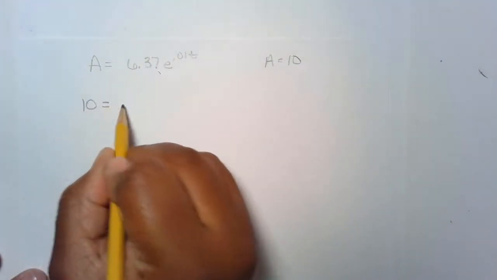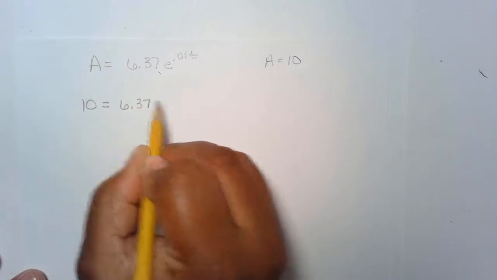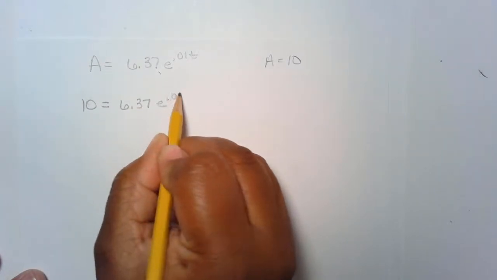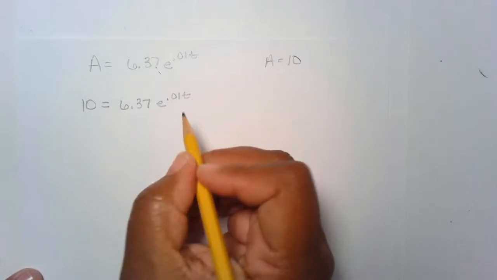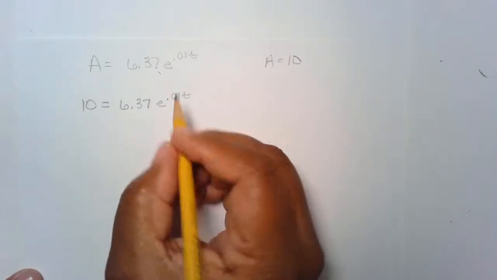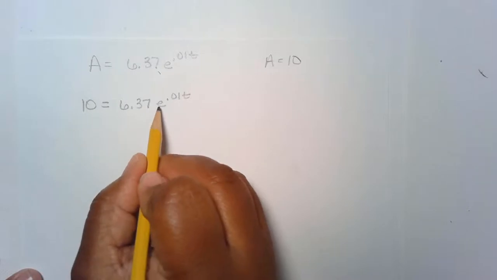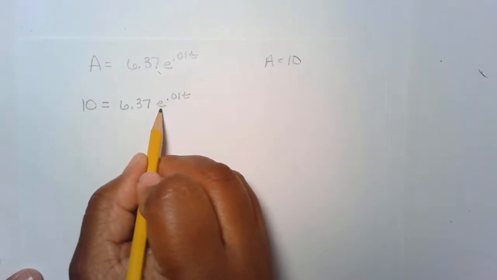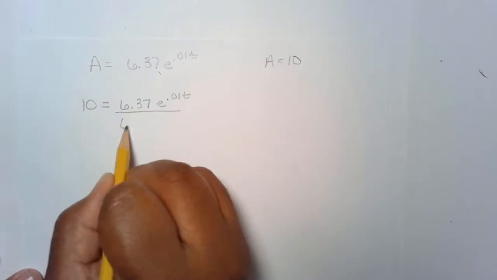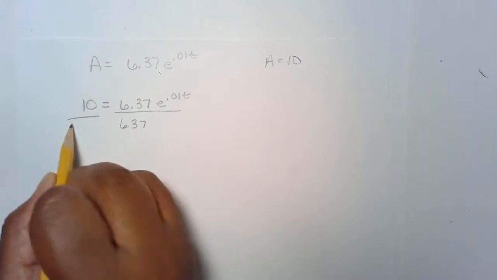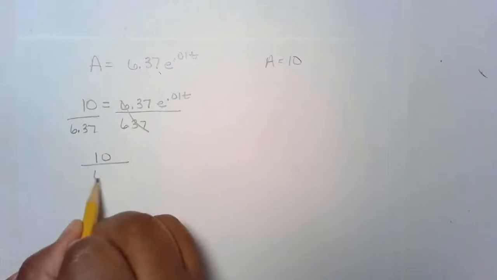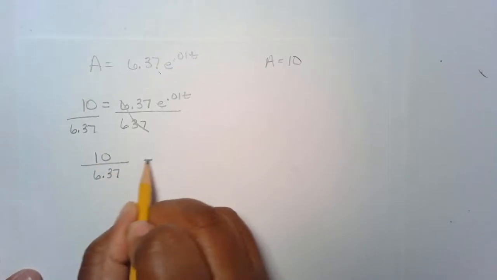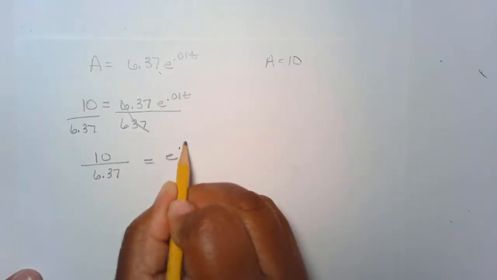So we have 10 is equal to 6.37 times e to the 0.01 t. And to solve for t, we want to get our base e by itself on one side. So we're going to divide 6.37 to both sides. And we have 10 over 6.37 is equal to e to the 0.01 t.